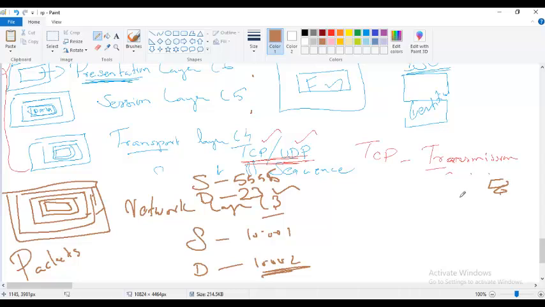Once the seven layers are decapsulated, the receiver will be able to retrieve the data which was sent by the sender. Did you understand this data encapsulation and decapsulation?